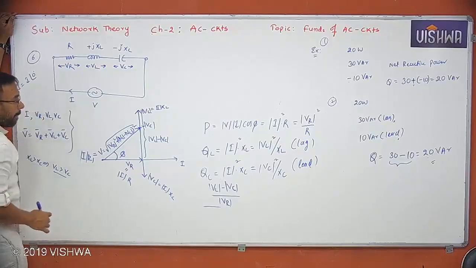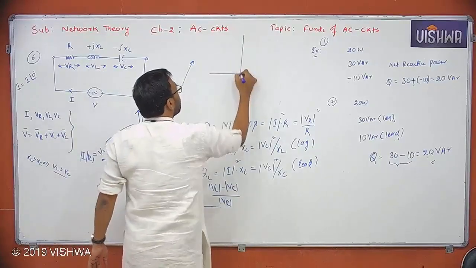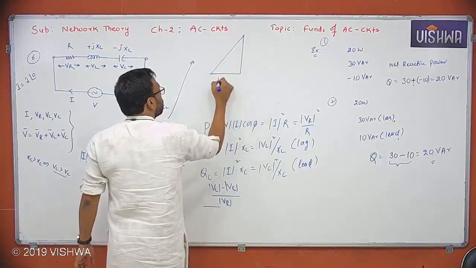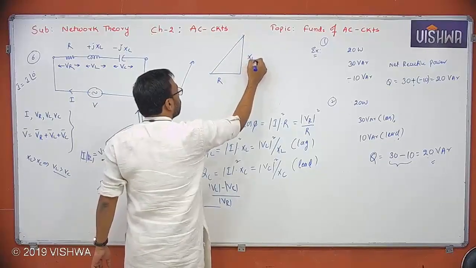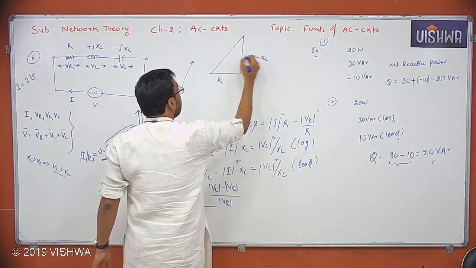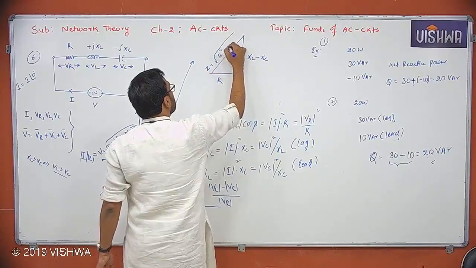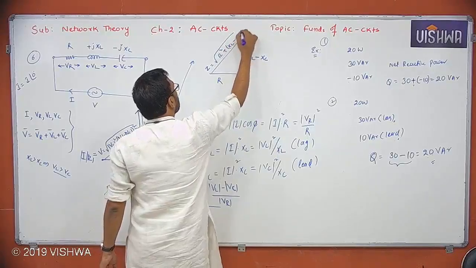Dividing each phasor by I, you get R, XL minus XC, and Z, so Z is the square root of R square plus (XL minus XC) whole square.